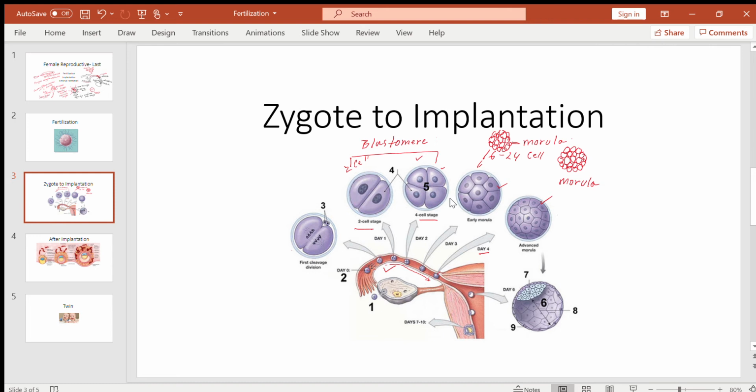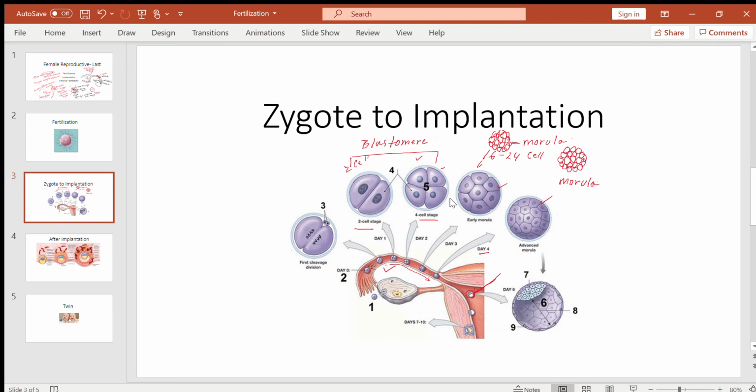And at around day 6 after fertilization, it will arrive into the uterus, you see here. We start counting from the day of fertilization as day 1.